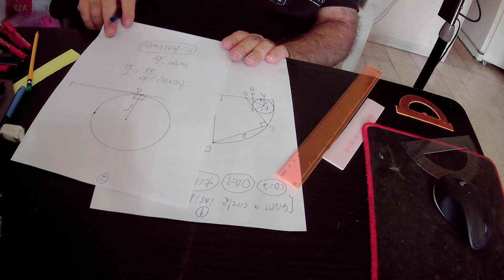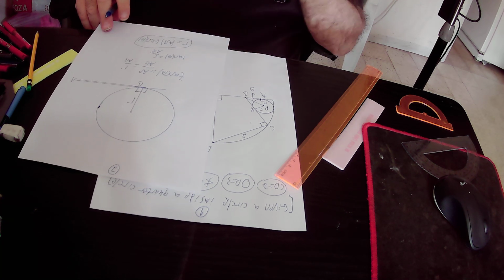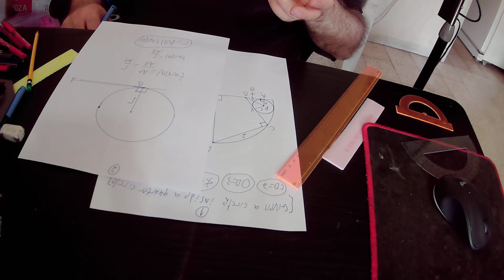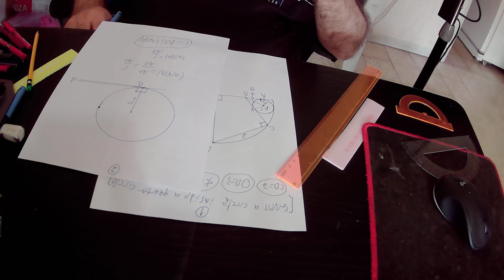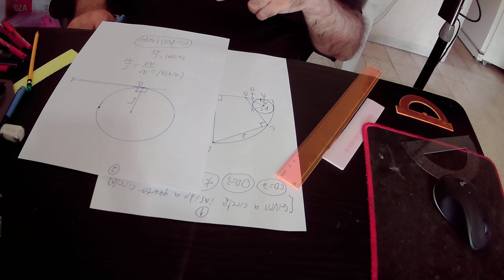The radius of the small circle that we want to find out equals AB times tangent theta. So in order to find the radius of the small circle, we must find AB and tangent theta.